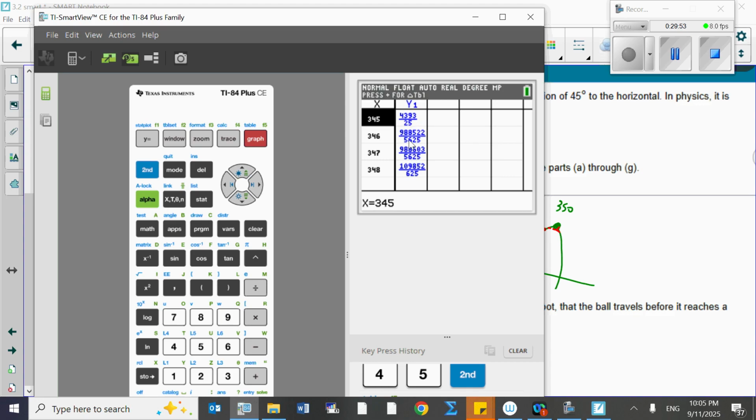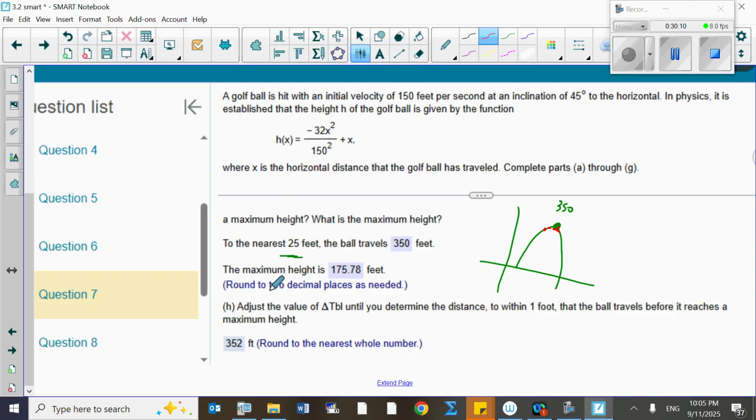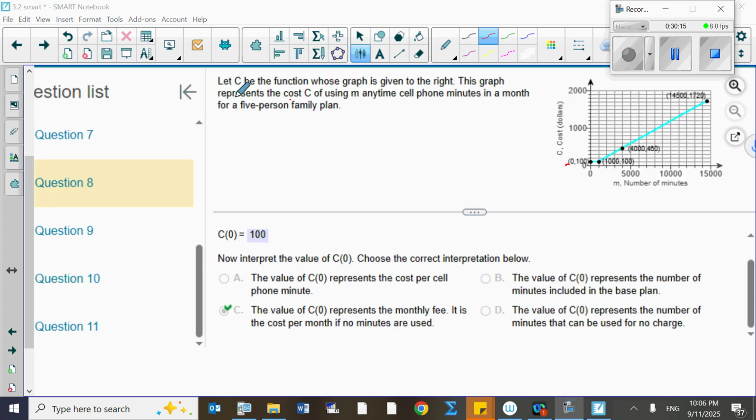Again, you may use your calculator to find the exact point and see which one is bigger until you will see that this 352 is the highest value. So that 352 is going to reach the highest value. This is more accurate.